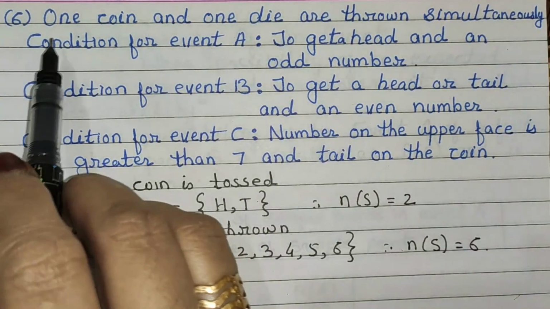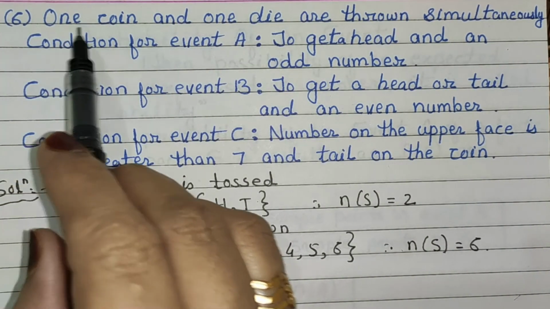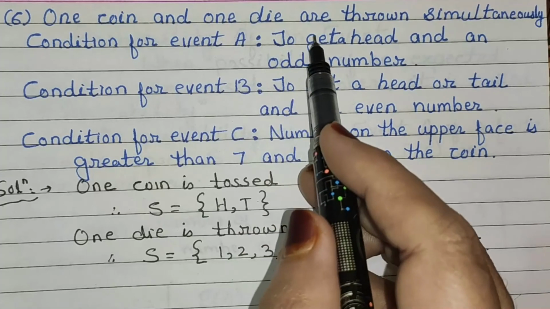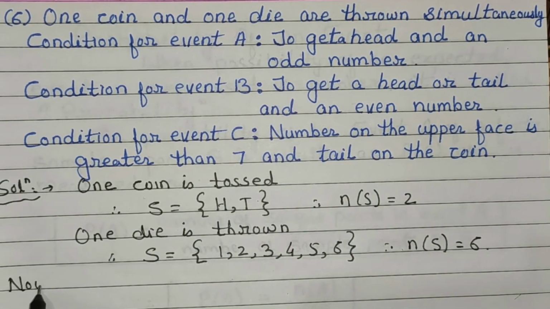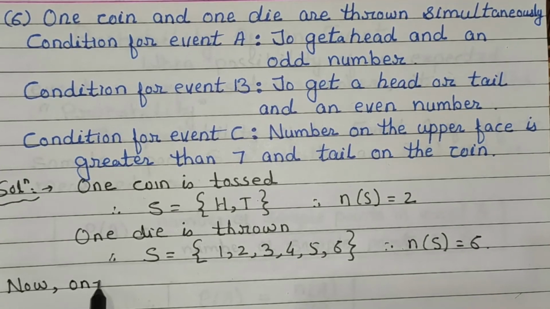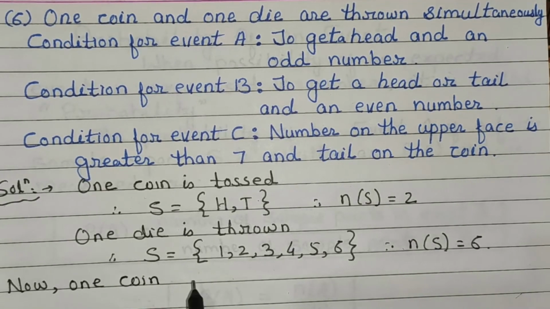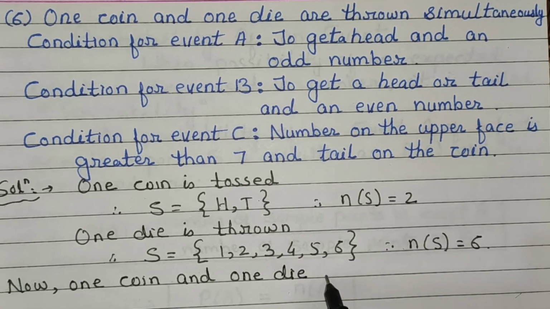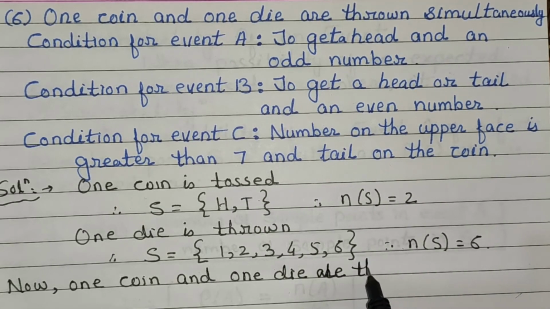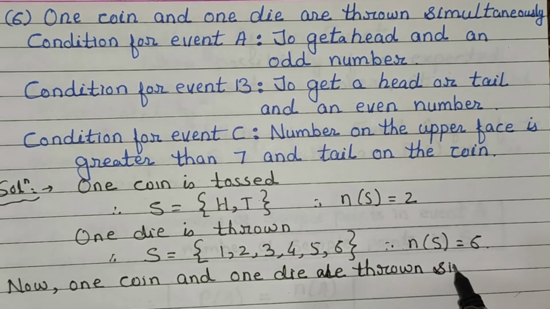But in the question, one coin and one die are thrown simultaneously.